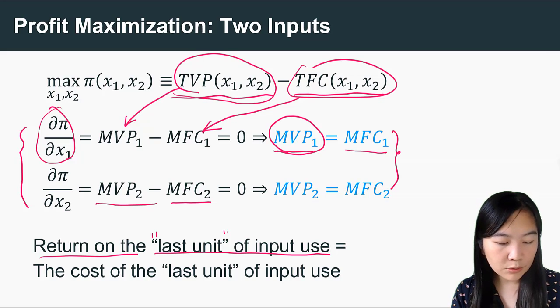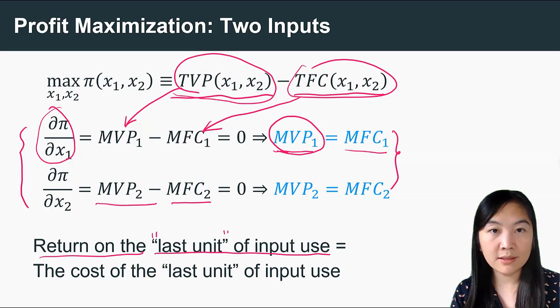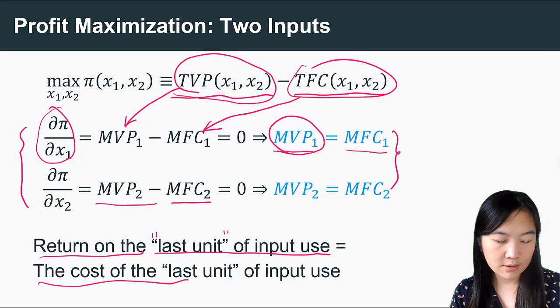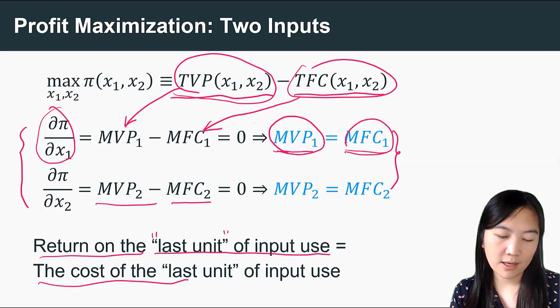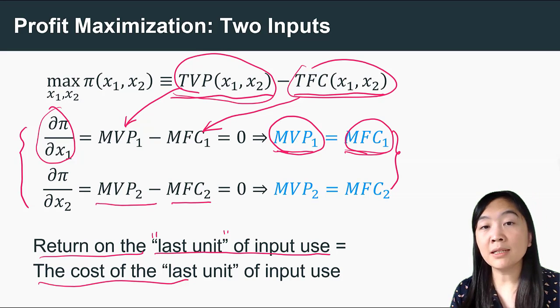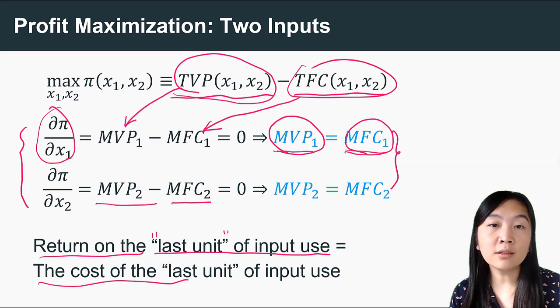Then the return, which is MVP, is equal to the cost. The cost of the last unit of input use is your MFC. So the optimality condition means the return on the last unit of input use and the cost of the last unit of input use should be the same. That's the point where the producer can maximize profit.